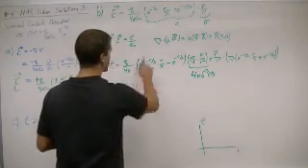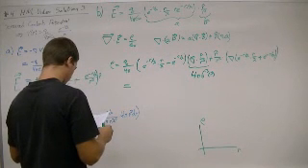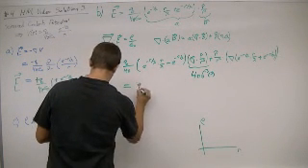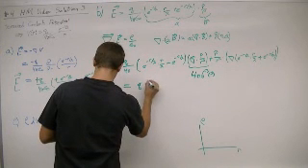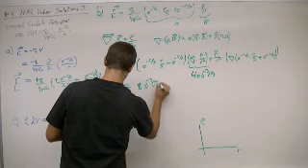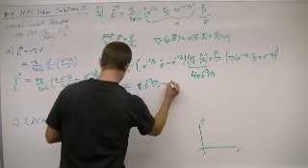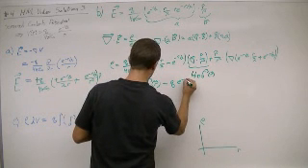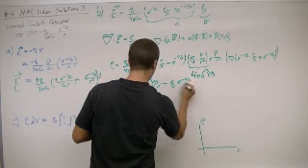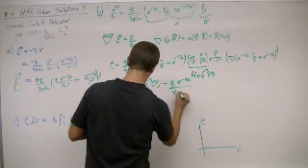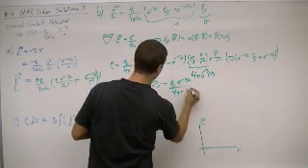And what all of this ends up reducing to after all of the simplifying is q times the delta function minus q e to the negative r over lambda over 4 pi r lambda squared.